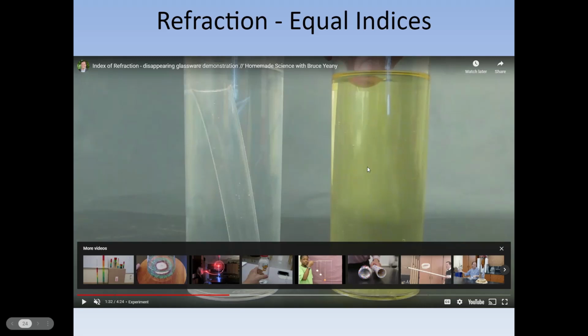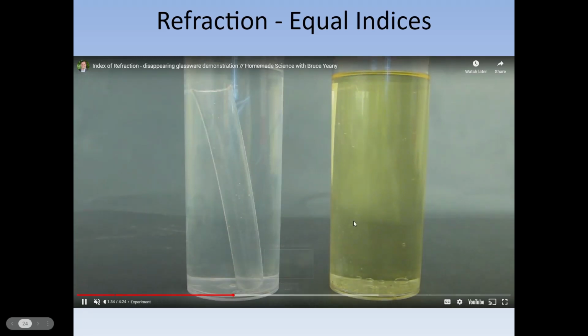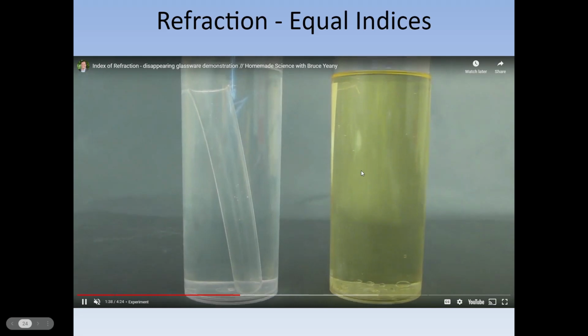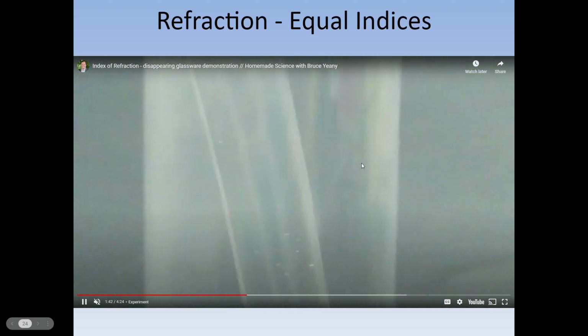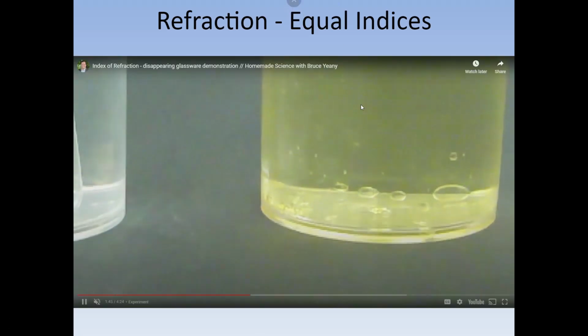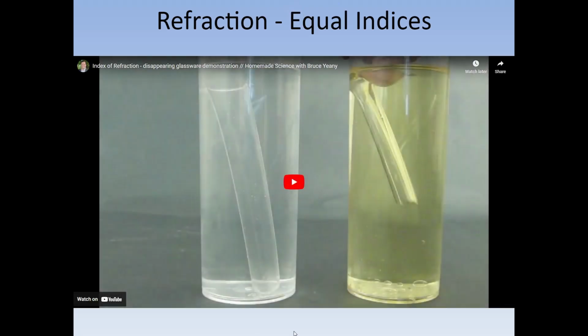So light does not change the way it passes through, which means we cannot tell that that is something else. And they do end up going really close. And for the most part, it is pretty much impossible to see. You might be able to see some of the air bubbles lining the edge, but besides that, you cannot find where the glycerol test tube ends and where the corn oil begins.